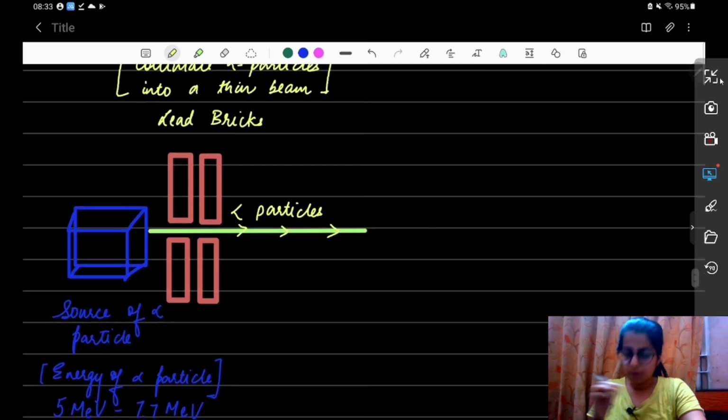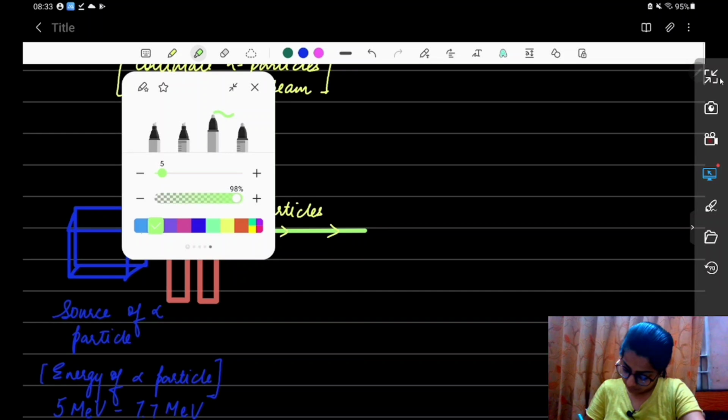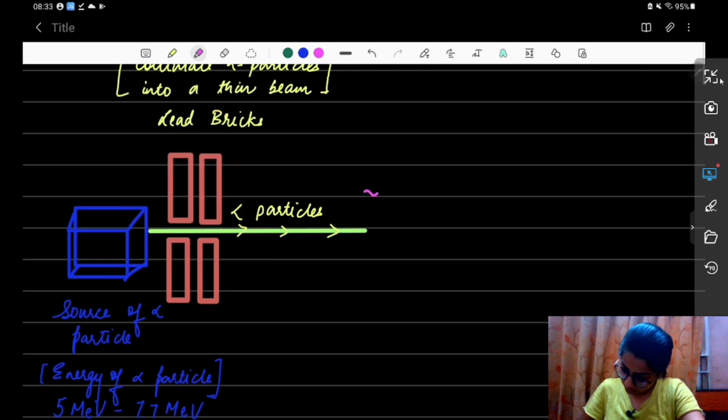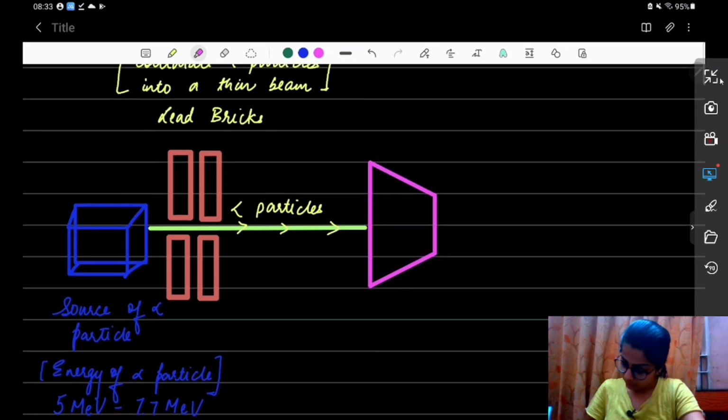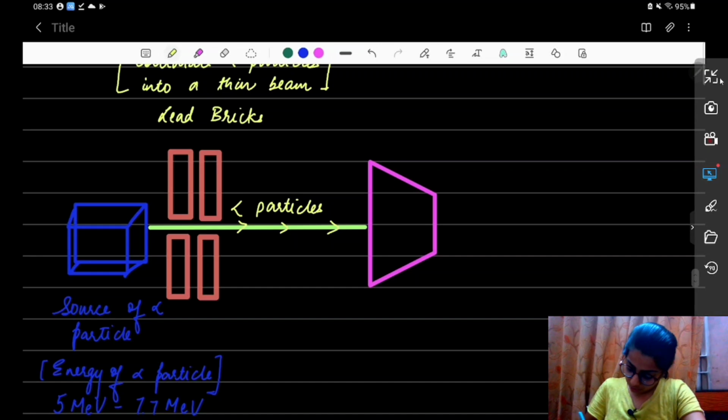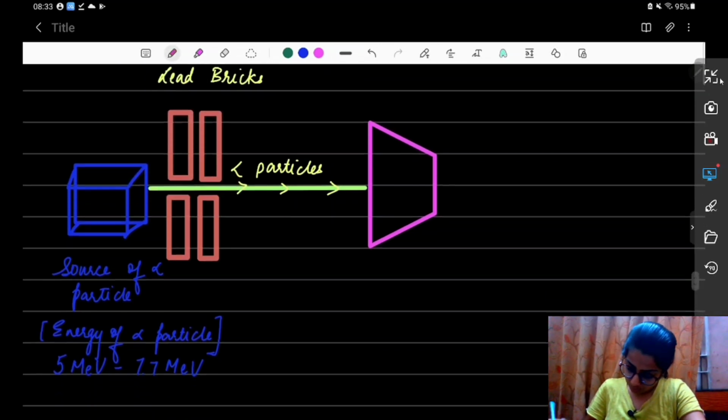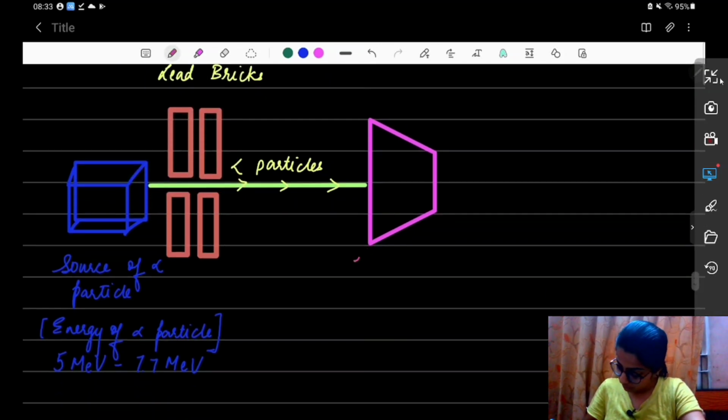Now this beam of alpha particles is going to strike the foil placed over here like this, and this foil is made up of thin gold foil.